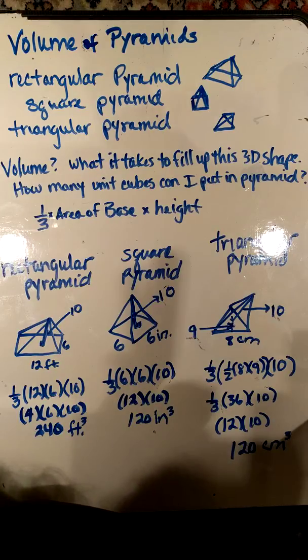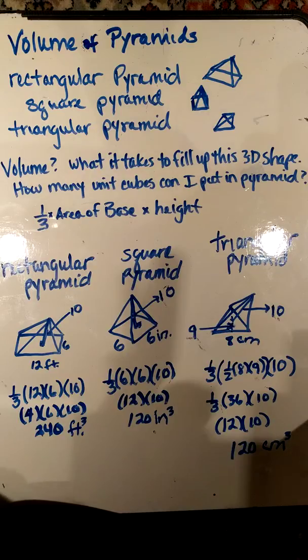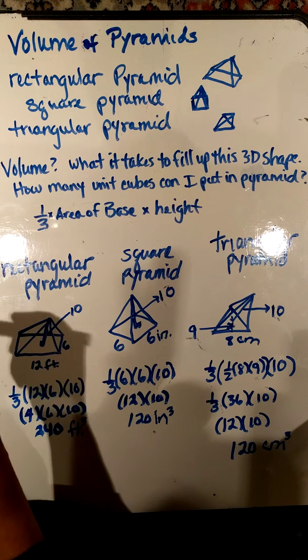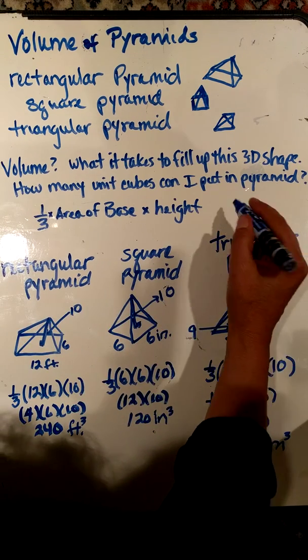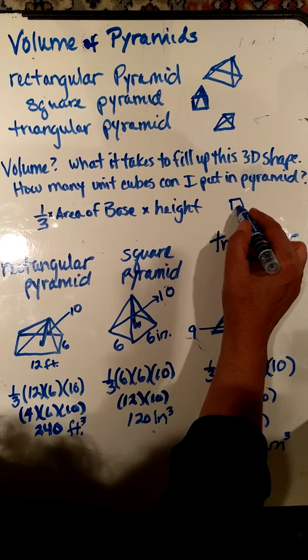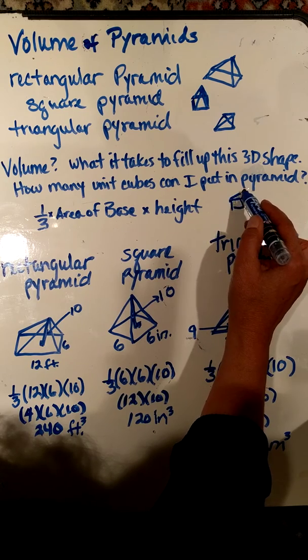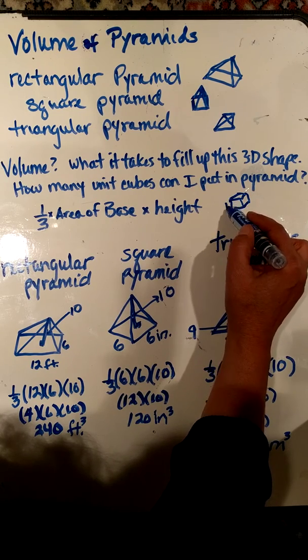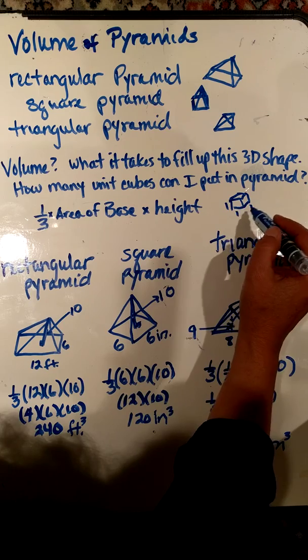And we're trying to find the volume of these pyramids. And again, volume is what it takes to fill up this 3D shape. So how many unit cubes can I put in this pyramid? And again, a unit cube would be a cube whose dimensions are 1 by 1 by 1, and depending on what you're measuring, whether it's inches or feet or centimeters, this is 1 by 1 by 1.